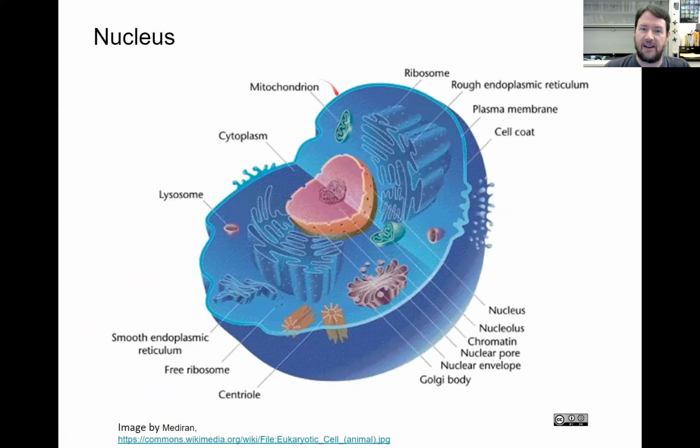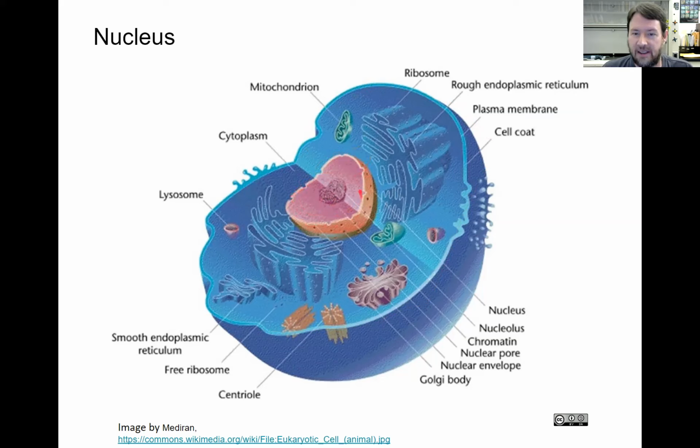So this is a vision of our typical eukaryotic cell. The nucleus is the big organelle in the middle that contains most of the cell's DNA. We would call this the nuclear DNA, or the genomic DNA.